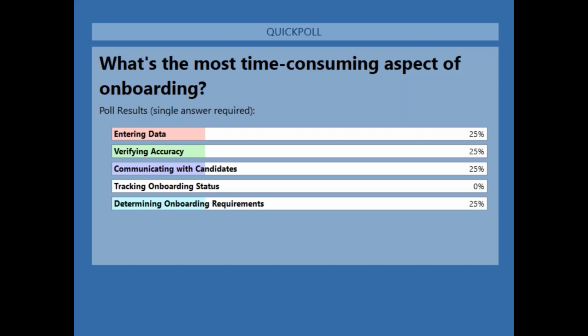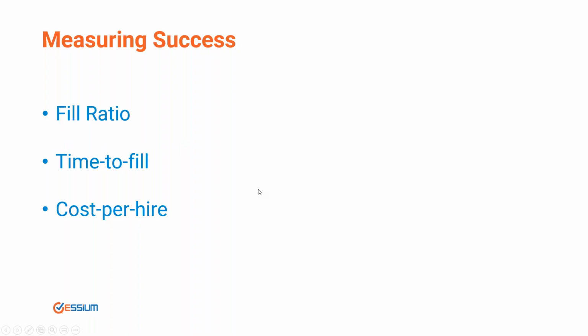Okay, so it looks like we have a pretty good split across the board. Entering data, verifying accuracy, communicating with candidates, and determining onboarding requirements, all ranked. All right, well, that doesn't entirely surprise me.